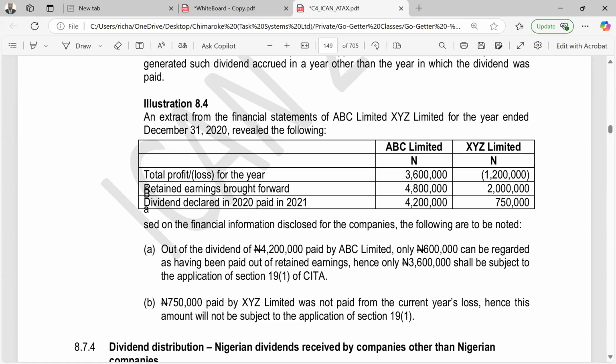So what happens here is that this 3,600 is what is subjected to tax, not this 4.2.